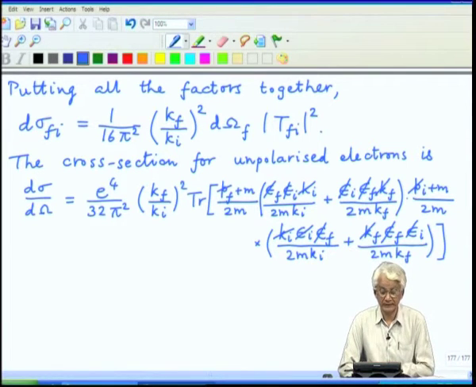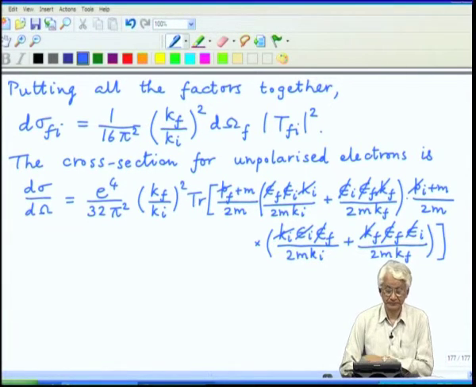So, this is an expression which requires now all the tricks of the gamma matrix algebra, calculations of traces which we had summarized before.